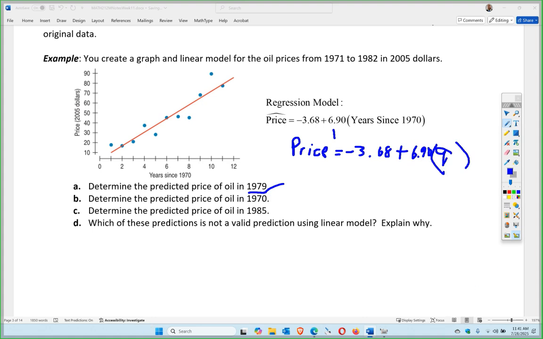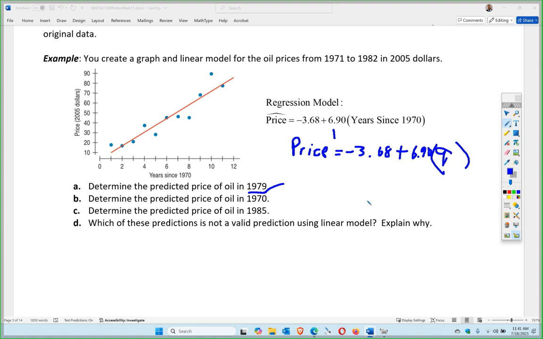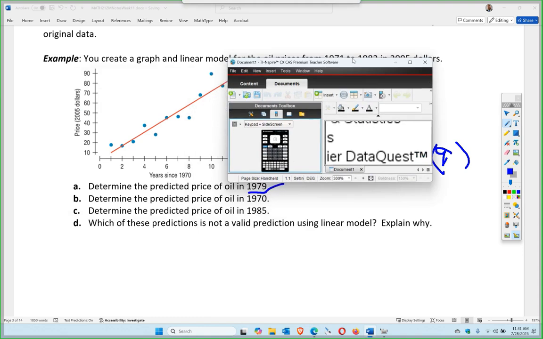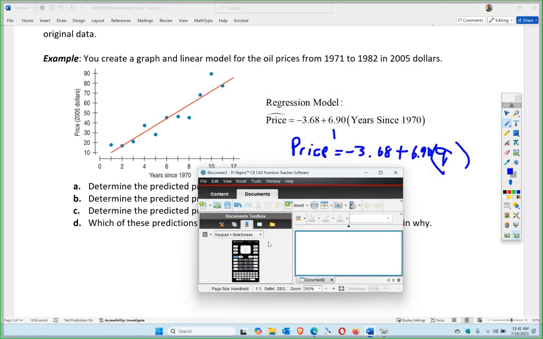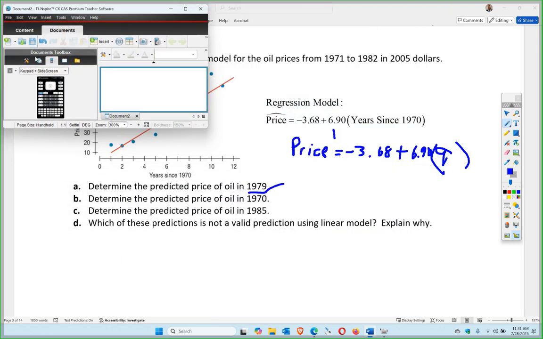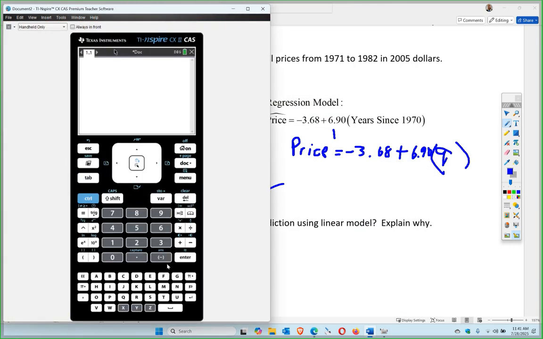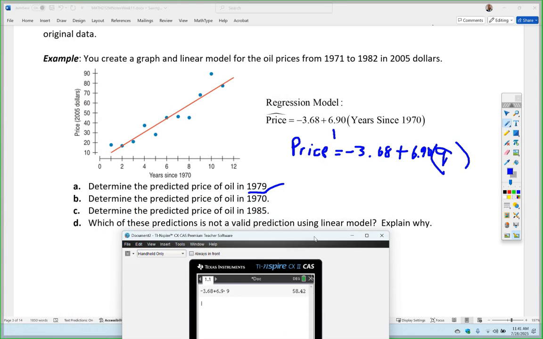Okay, well, let's pop up my calculator here. Okay, so if I remember correctly, negative 3.68 plus 6.9 times 9 is going to be $58.42, I guess.